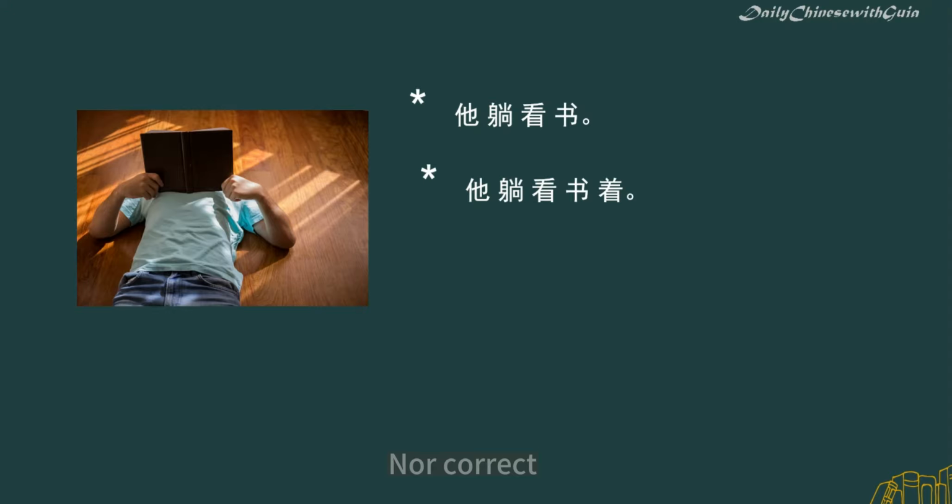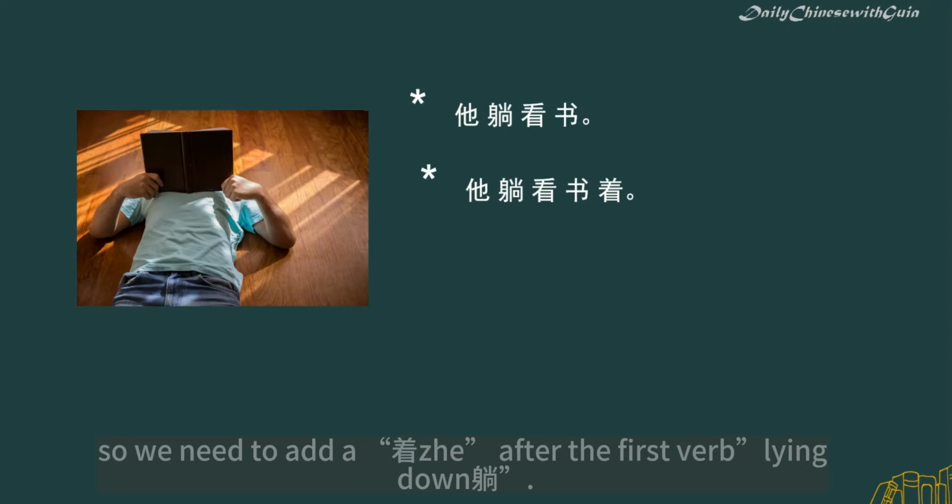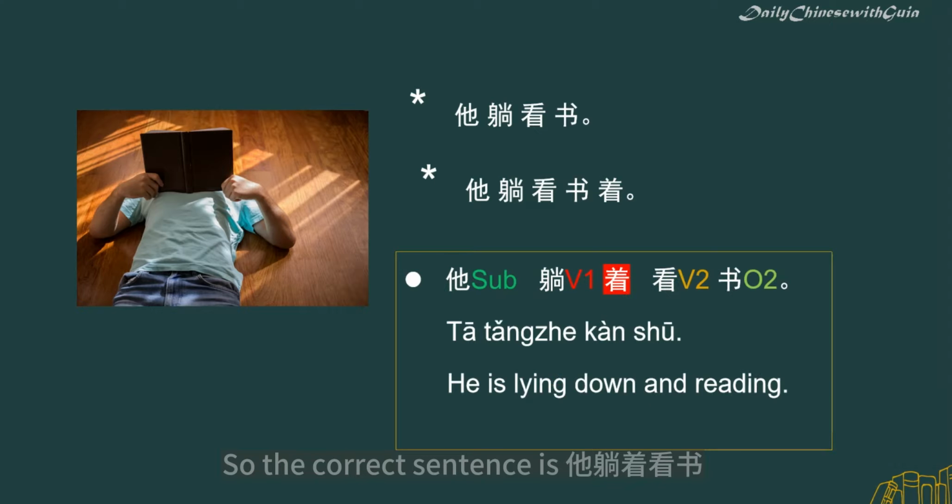No, not correct. Because lying down is the manner of reading, so we need to add a 着 after the first verb, lying down, 躺, okay? So the correct sentence is 他躺着看书. Have you got it?